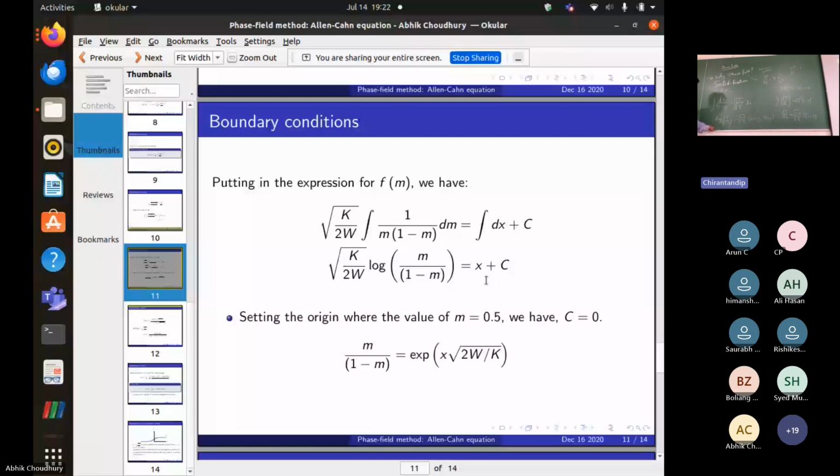Now this is easy because you have t of x. Rather, t over 1 minus t is equal to exponential of minus, and you have to solve for t.